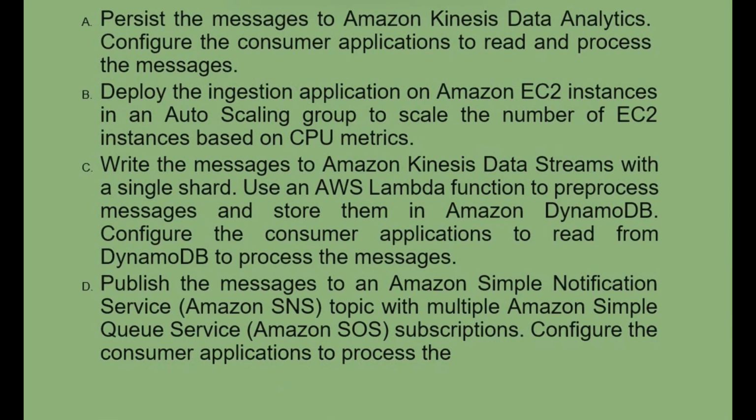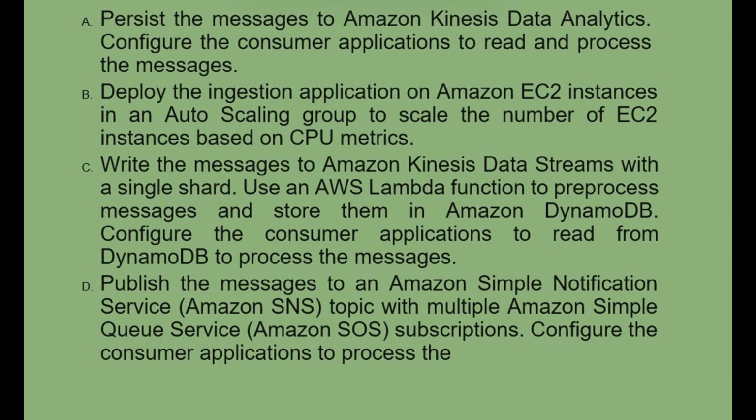Option A. Persist the messages to Amazon Kinesis Data Analytics. Configure the consumer applications to read and process the messages. Option B. Deploy the ingestion application on Amazon EC2 instances in an auto-scaling group to scale the number of EC2 instances based on CPU metrics.